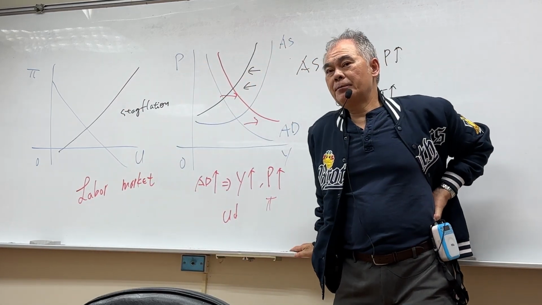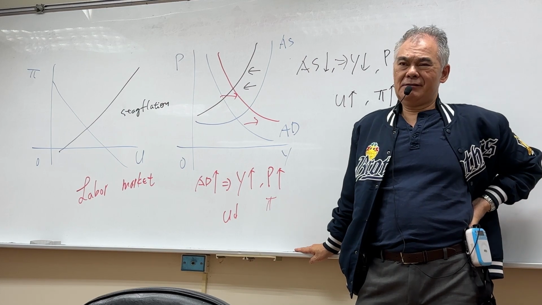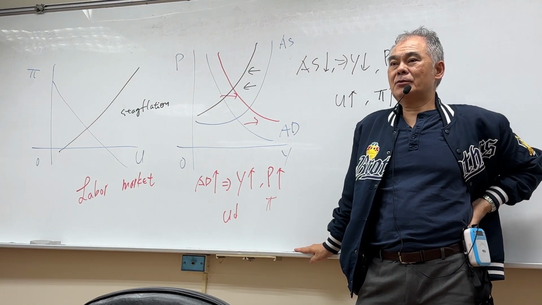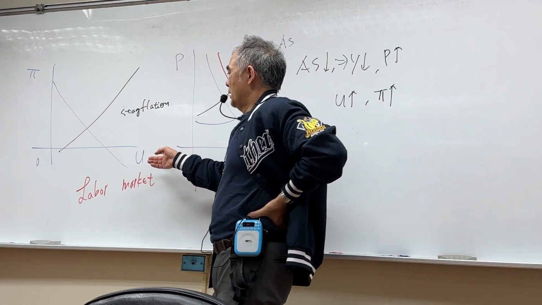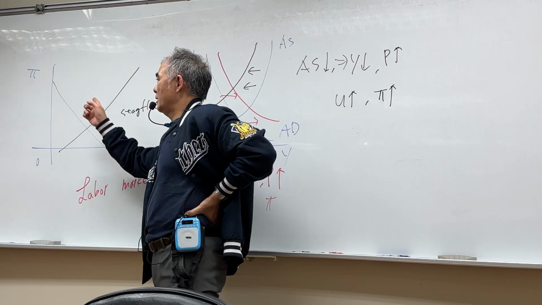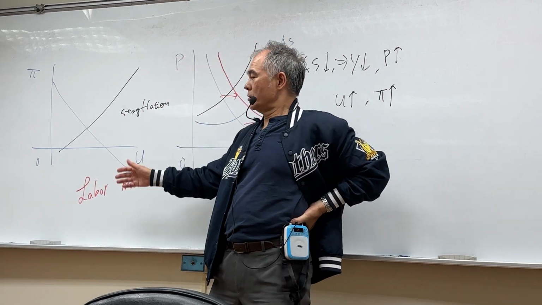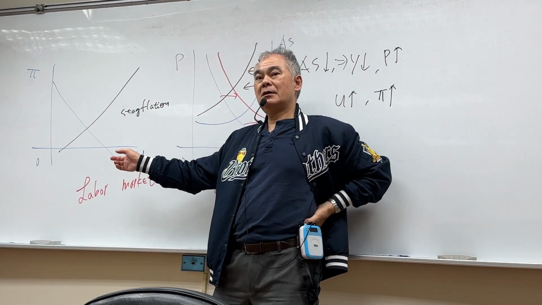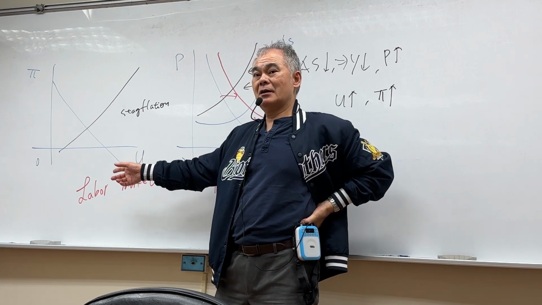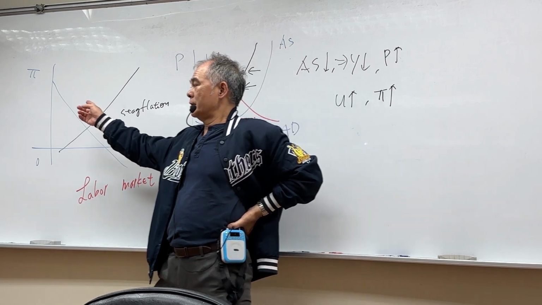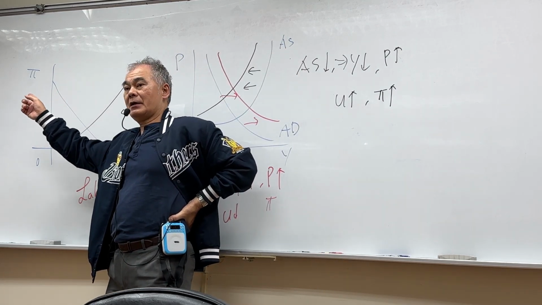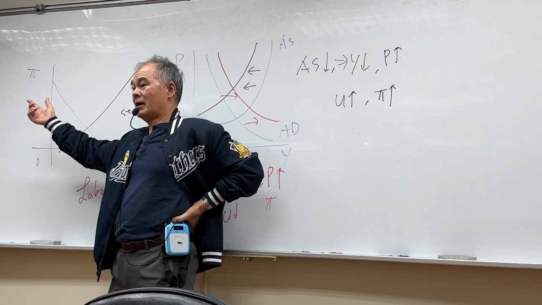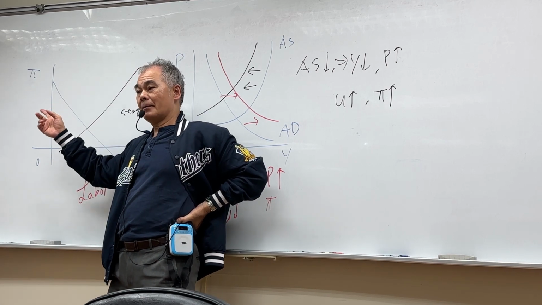And finally, people really looked at the situation and asked, what happened to the relationship between unemployment and price level? Actually, what determines the unemployment rate is the labor market, and what determines the inflation rate is the monetary policy, money supply.